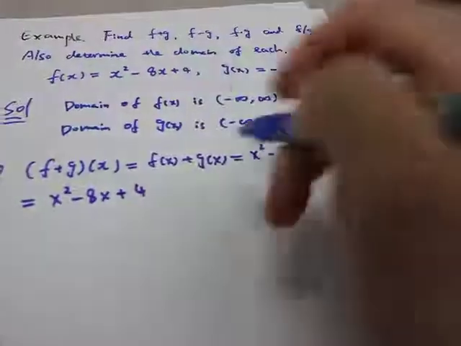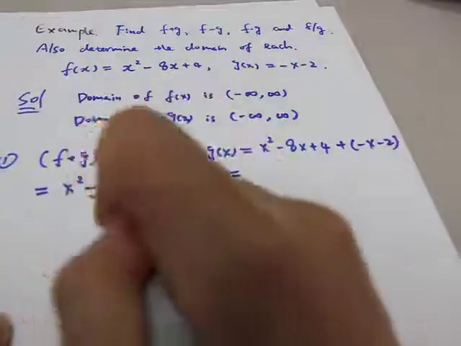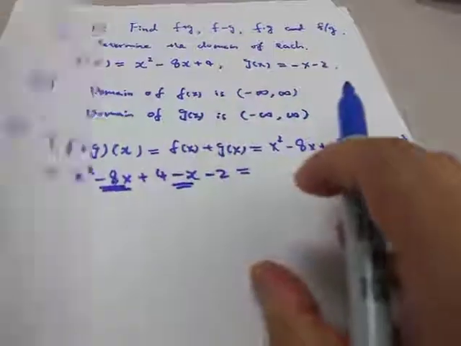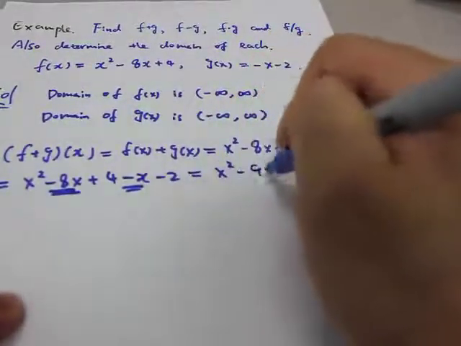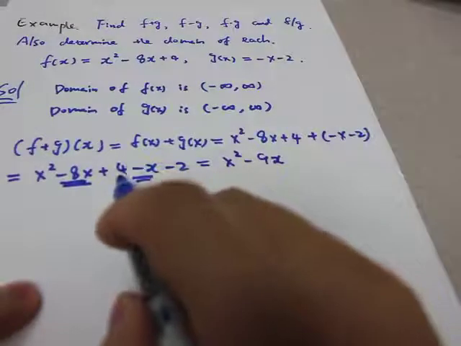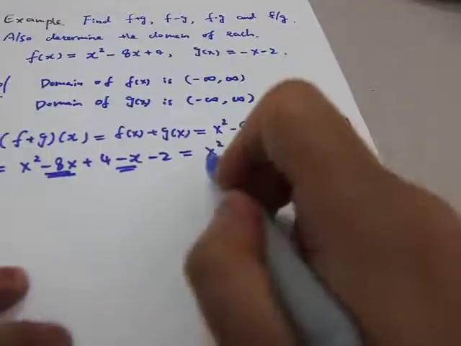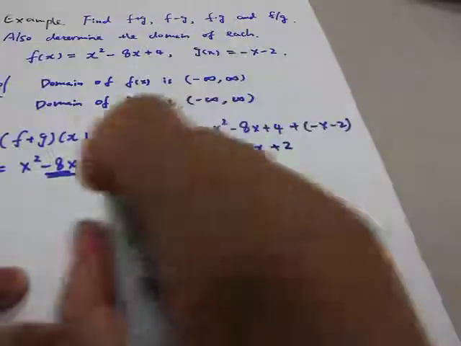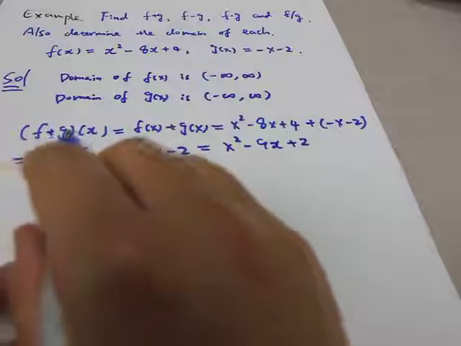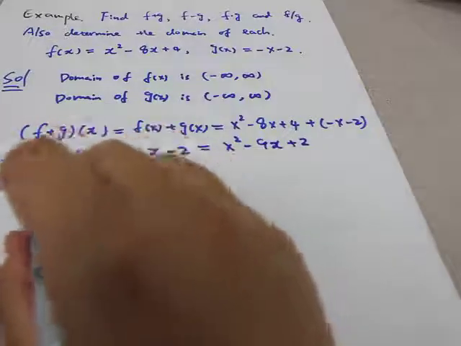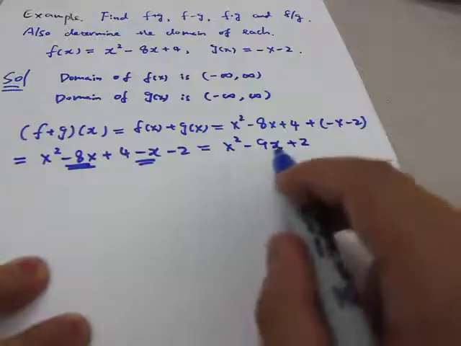So I have x squared, and if we combine the negative 8x with the negative x, we are going to have negative 9x, and we combine 4 with the negative 2, we're going to have positive 2. So x squared minus 9x plus 2 is the sum of f(x) and g(x). This function is defined by this equation.